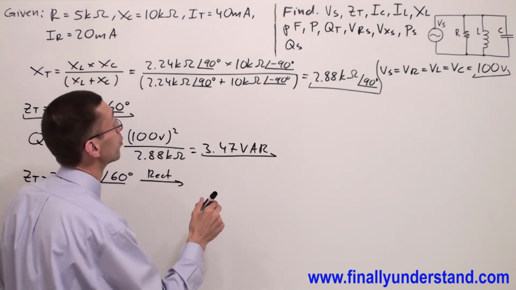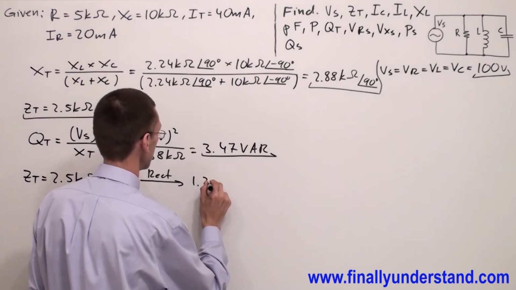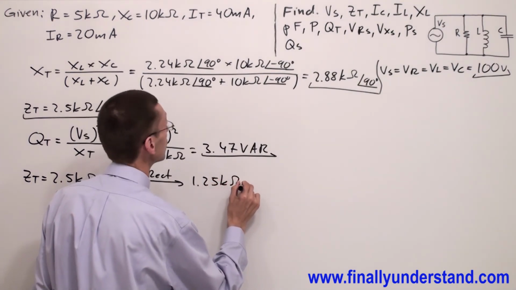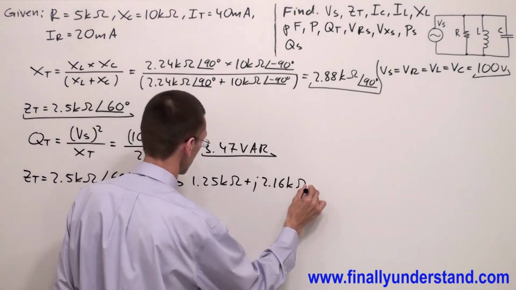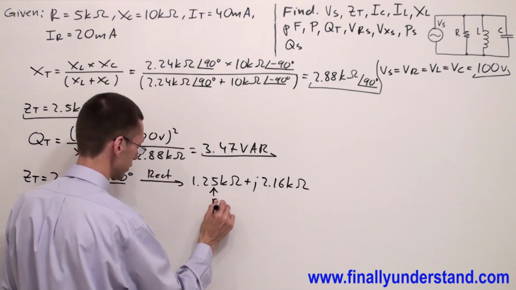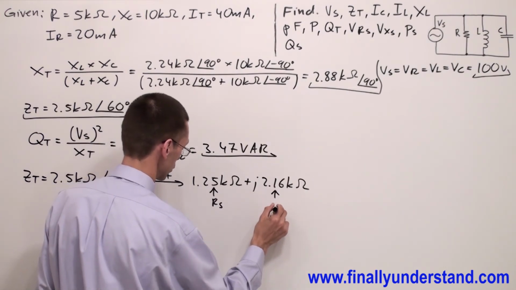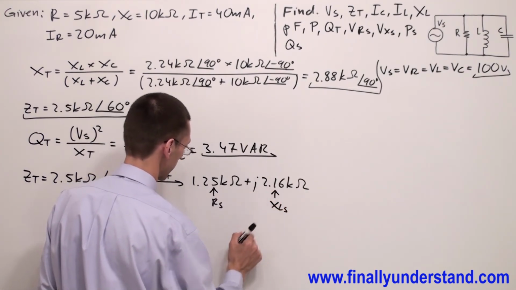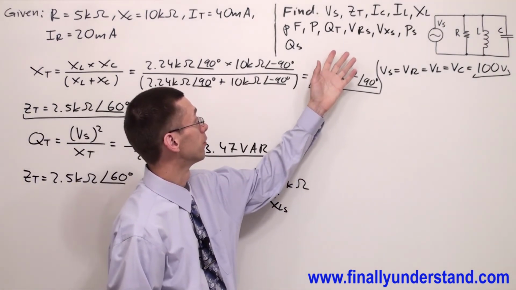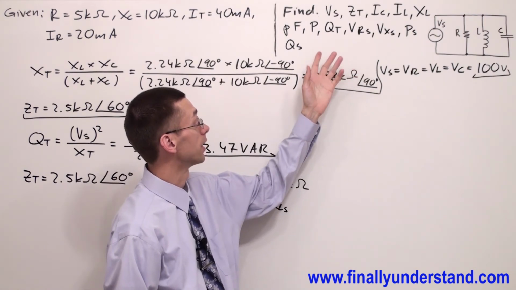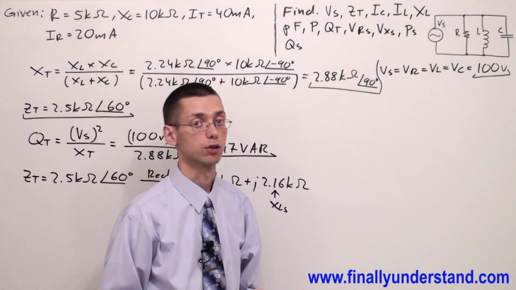Okay, so you're supposed to obtain 1.25 kiloohms plus J 2.16 kiloohms, where the real part is your RS, and because I have plus J, so this is for sure inductor, so this is going to be X of LS. Okay, so we found the values of the resistance and inductive reactance.